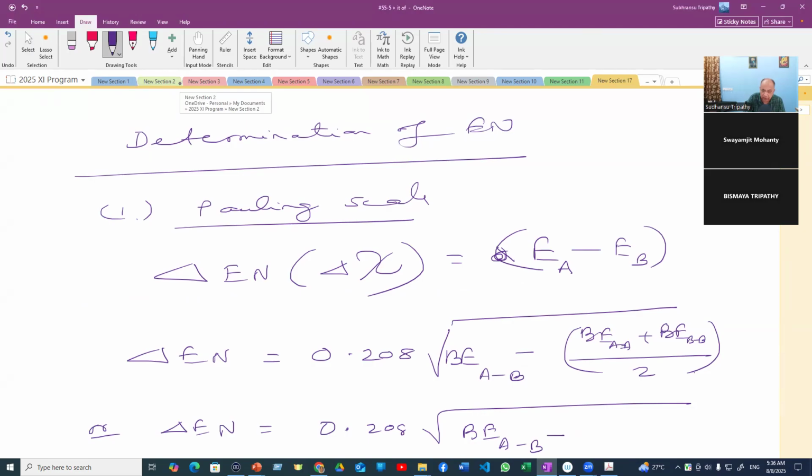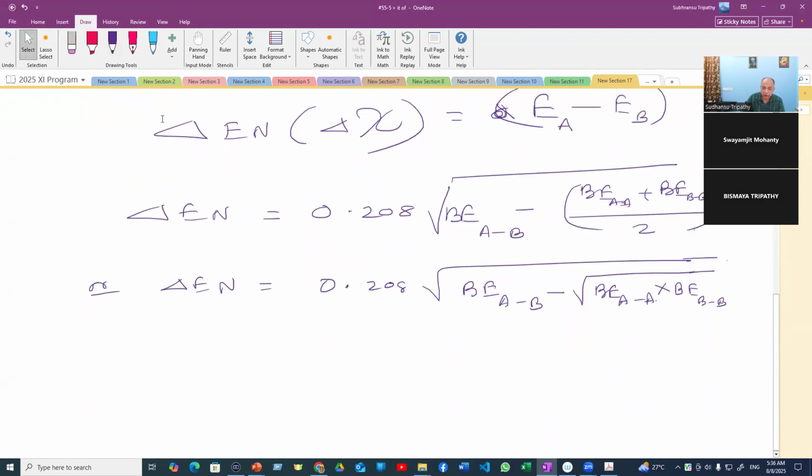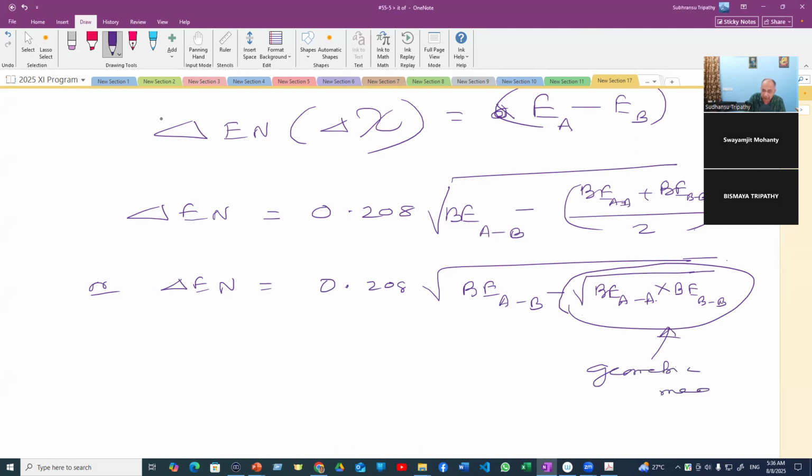Of course, you have to take a square root again of BEAA into BEBB. Any formula you can use, this is the geometric mean and this one is the arithmetic average. Usually we use this first one.